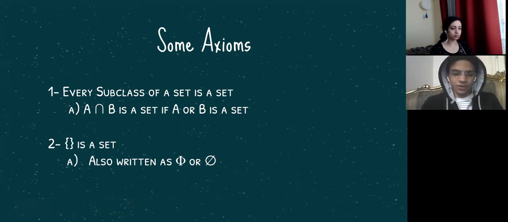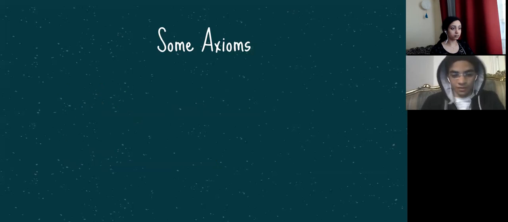This guarantees the existence of a set, because even if you read the first axiom, you'll find that every subclass of a set is a set, but this does not guarantee the existence of any set at all, because it might be the case that there are no sets and everything is just a proper class. So this guarantees that there exists at least one set, which is called phi, the empty set. This already guarantees that we can deal with sets, and based on that, we'll build many sets in the future.